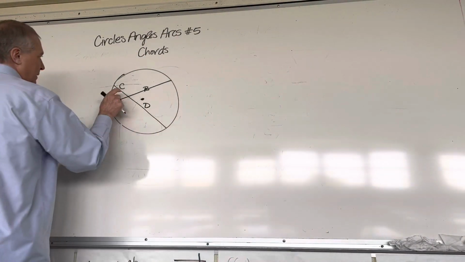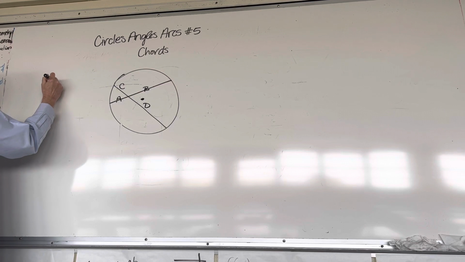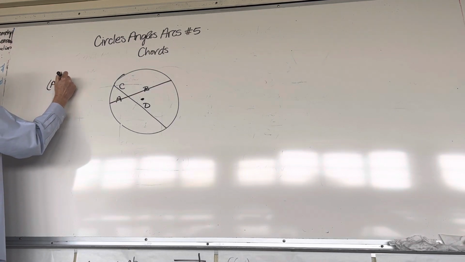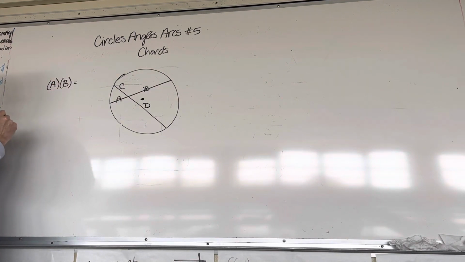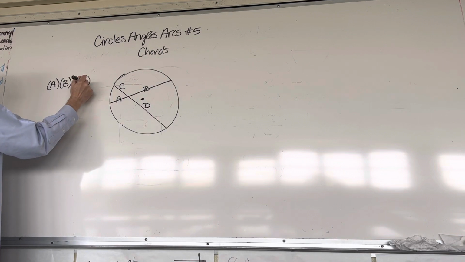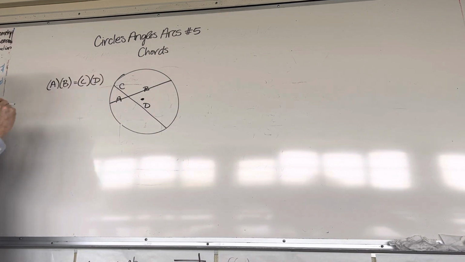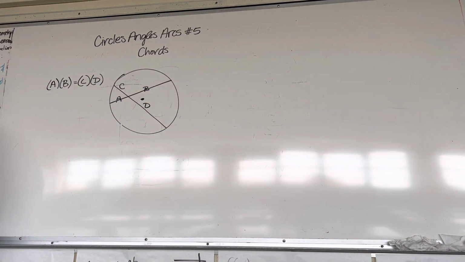So A times B can be placed equal to C times D. It's very clean, it's very simple, and it creates a lot of fun equations you can set up. Okay, so that's why geometry teachers like it. It's on tests a lot because it's kind of fun to do.